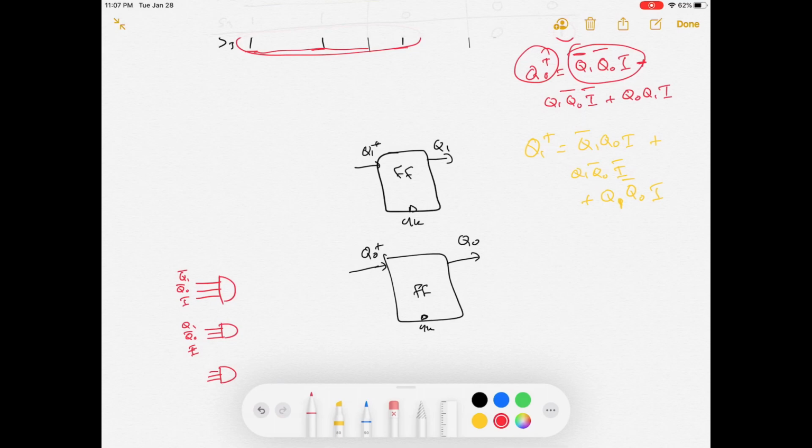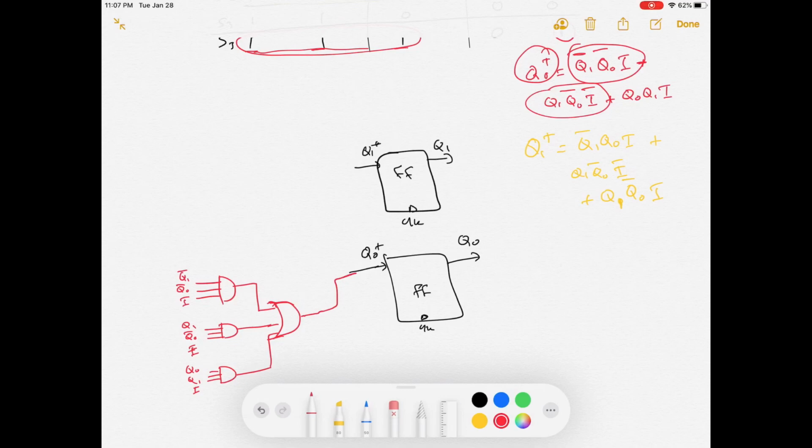And the third AND gate will have Q0, Q1, and the input. Now all these three are going into an OR gate, and they are going to Q0.